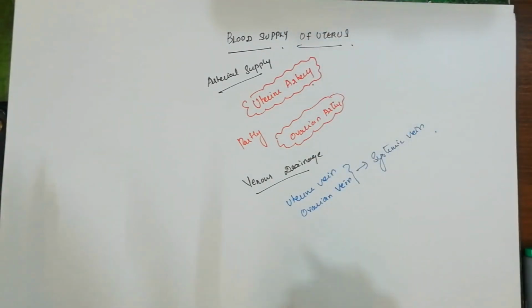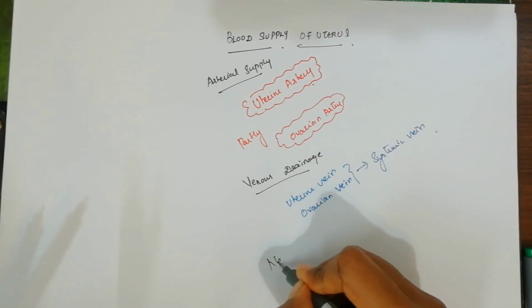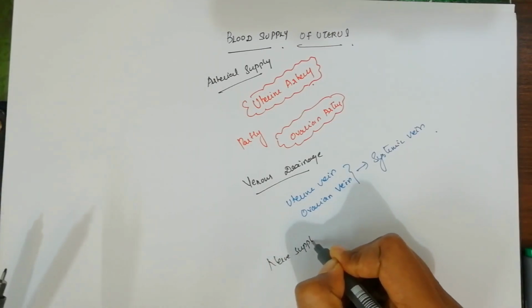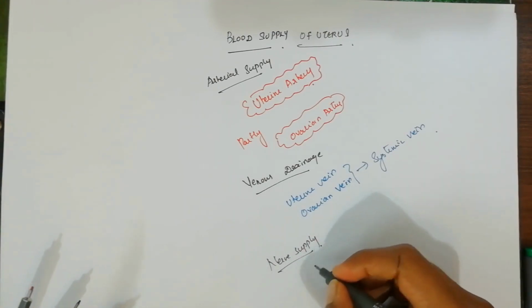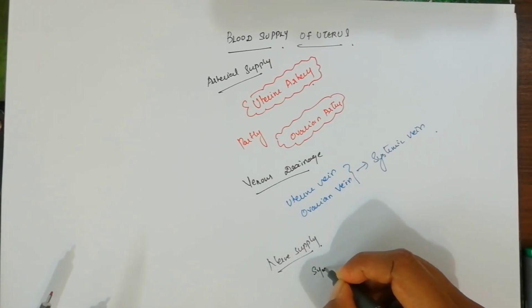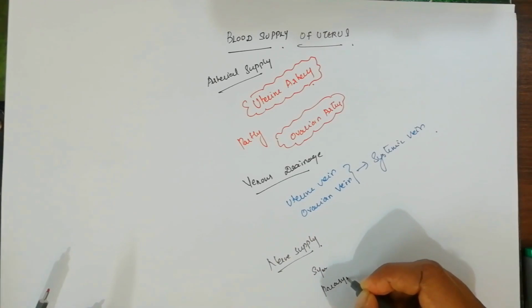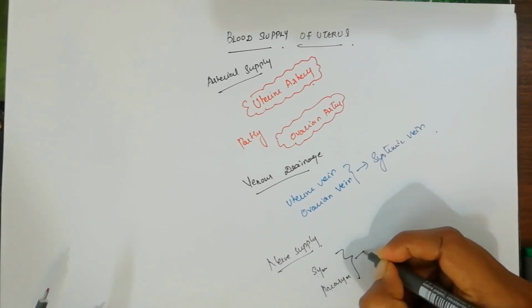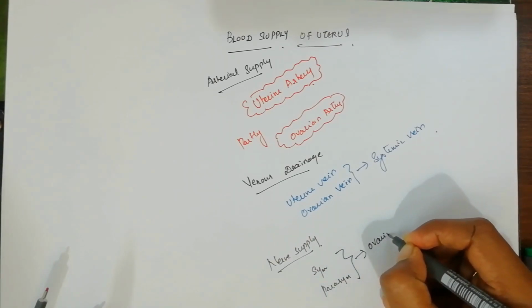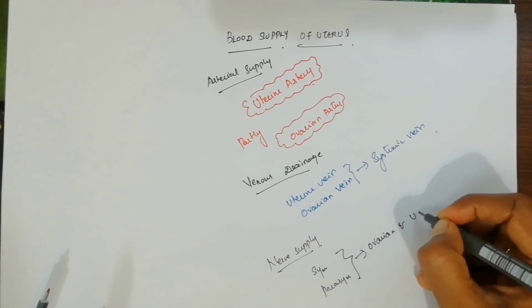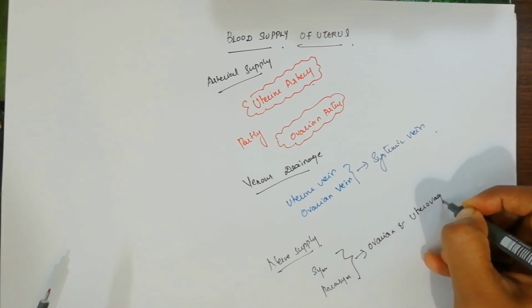Now talking about the nerve supply. As with other organs, we have both sympathetic and parasympathetic supply, mainly by the ovarian and uterovaginal plexus.